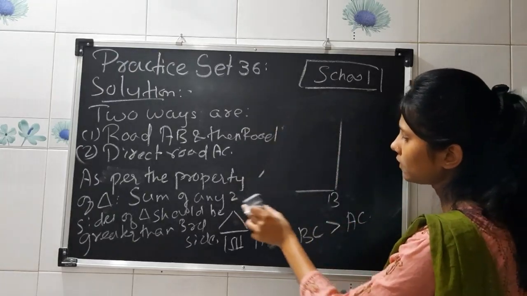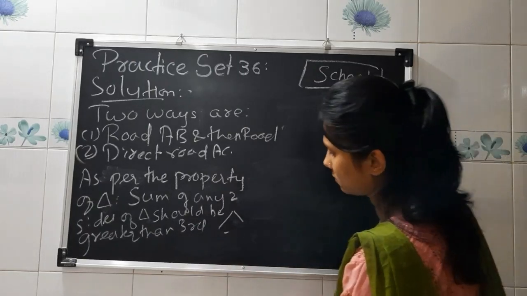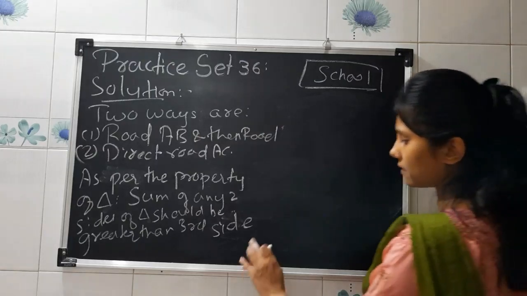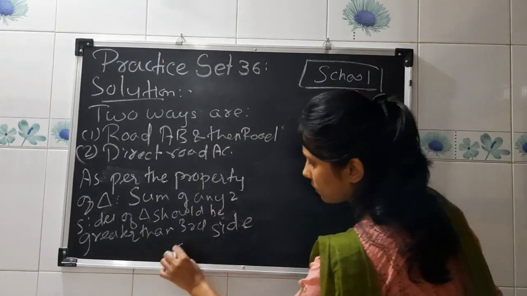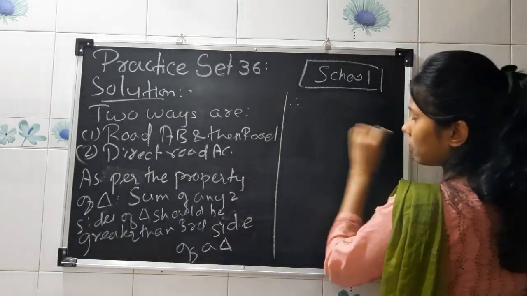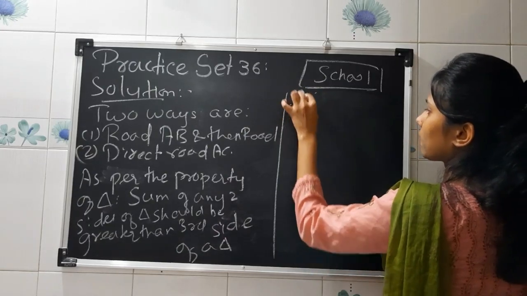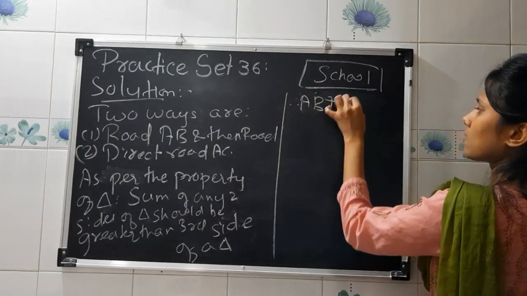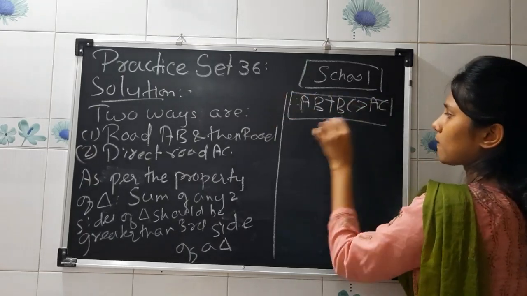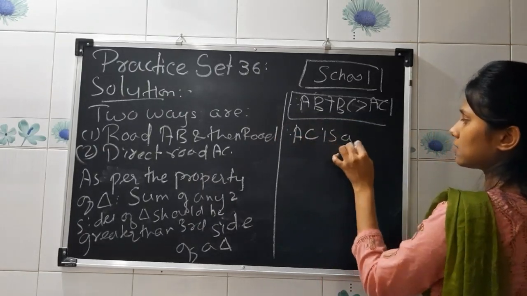So Avinash should go from the side AC, road AC. So therefore AC is a shorter road.